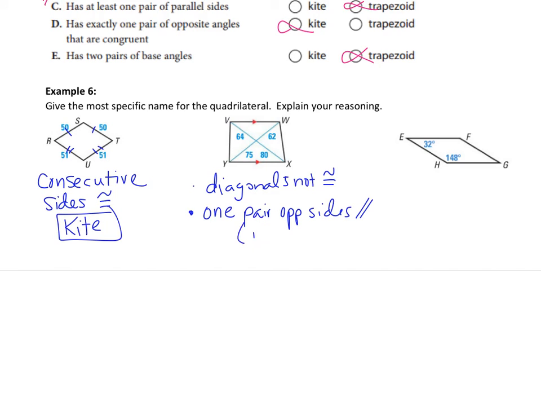We do not have that the other pair of opposite sides are parallel, nor that they are congruent. So it's not a parallelogram because we need that to be true for a parallelogram. So the only choices we've got left is the kite or the trapezoid. And a kite, we do not have anything that's parallel, but a trapezoid we do. So it's not isosceles, but it is just a regular trapezoid.